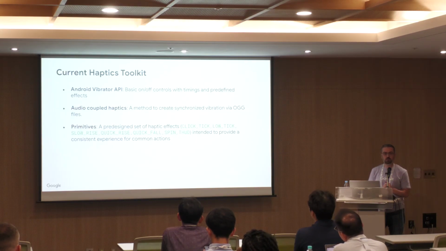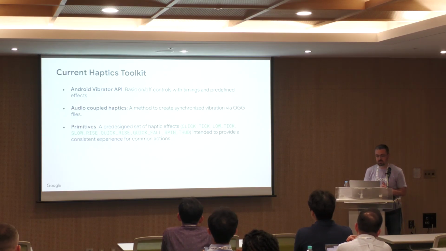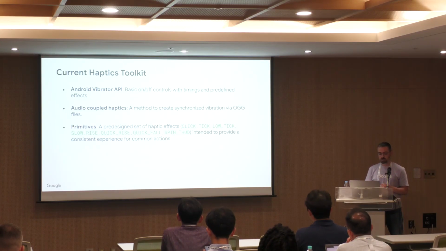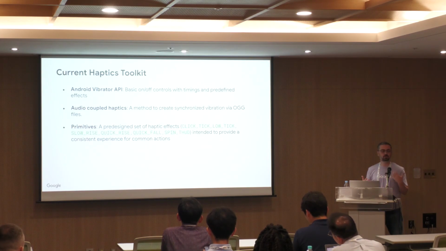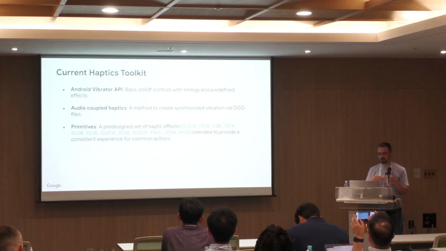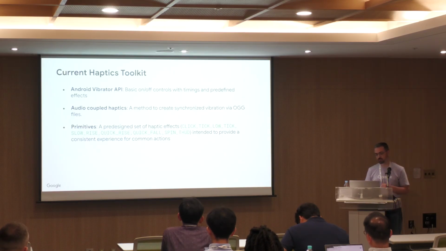We have something called predefined effects. These are the old primitives, but these are predefined, pre-created, and you could just use them as is. We also have a way to create audio haptic effects. This would be a way to create a synchronized vibration, which we do through OGG files.